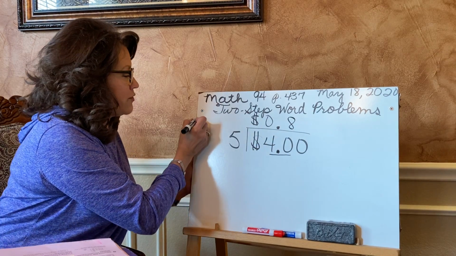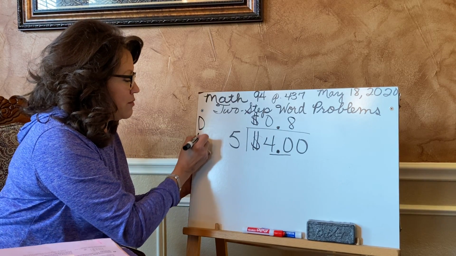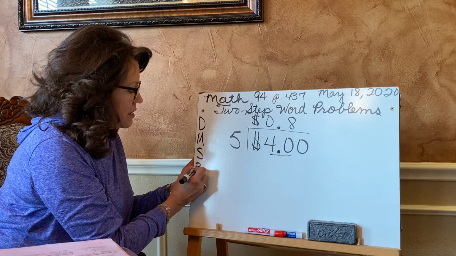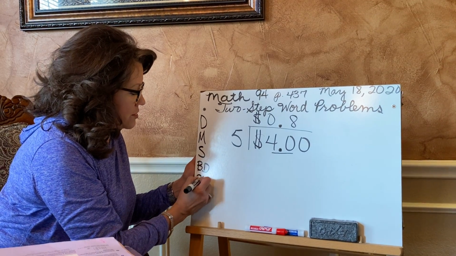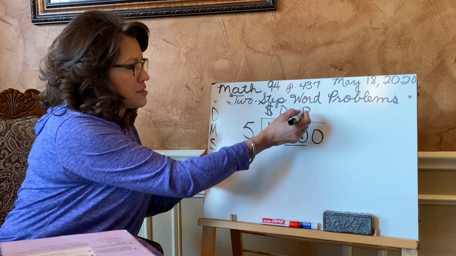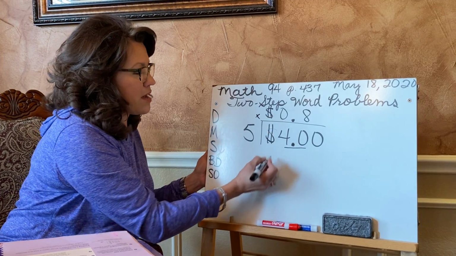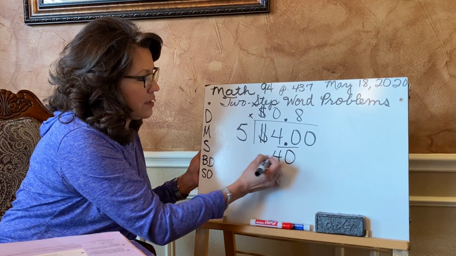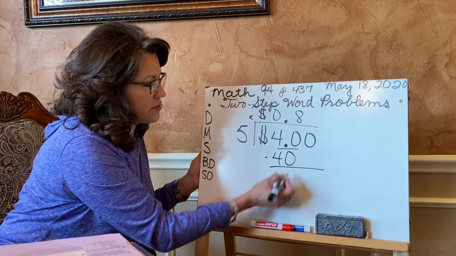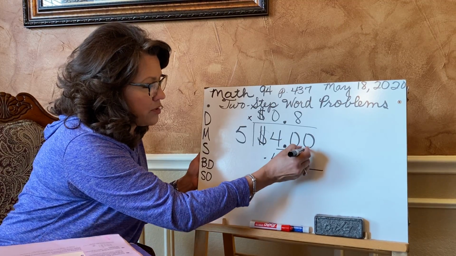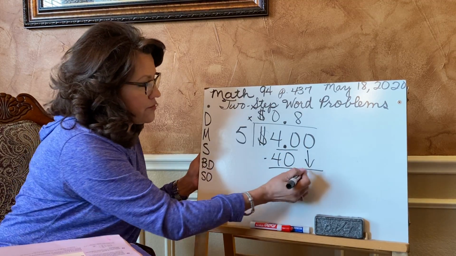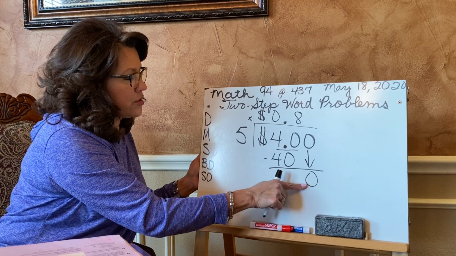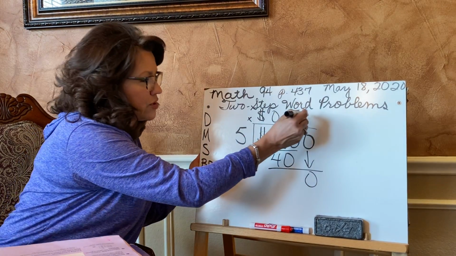Remember: divide, multiply, subtract, bring down, start over. So 8 times 5 is 40. We subtract: 40 minus 40 is 0. Bring down. What is 0 divided by 5? 0.